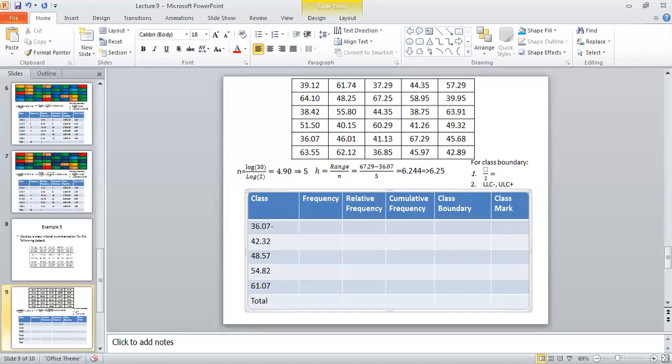Now we are going to add 6.24 to 36.07, and so the upper limit of this class becomes 42.31. Likewise, 42.32 plus 6.24 becomes 48.56.